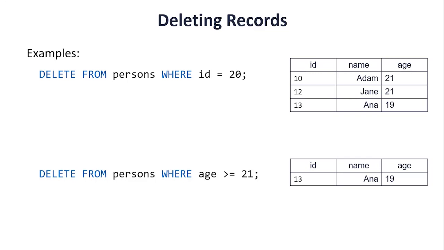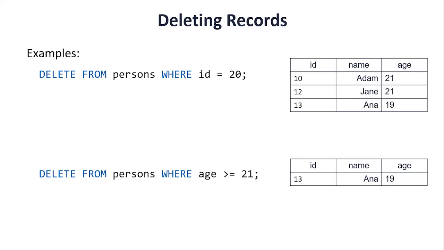And if we say delete from persons where age is greater than or equals to 21, all the records which have an age value greater than or equal to 21 will be deleted. So only one record will be left.